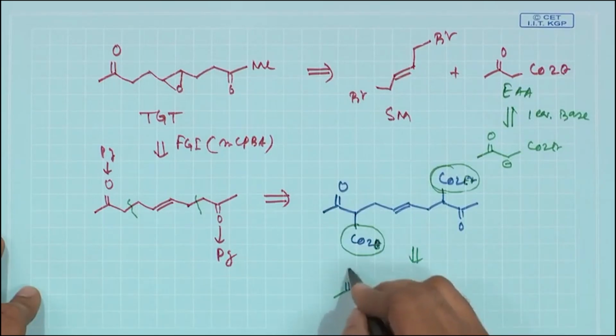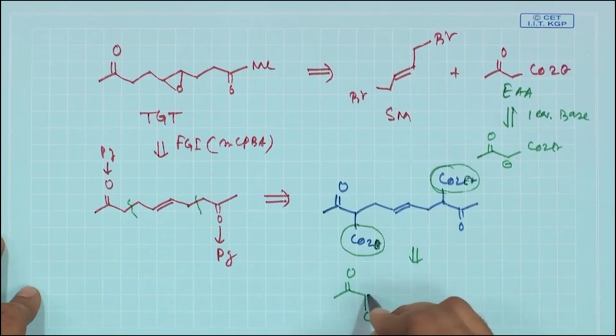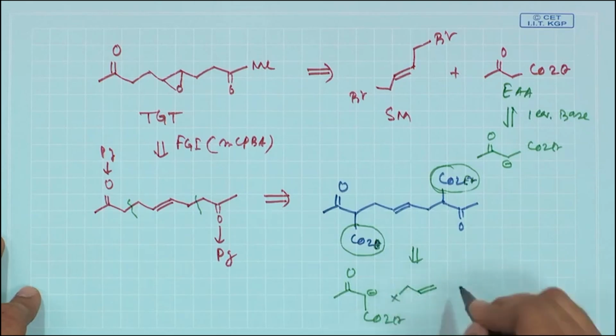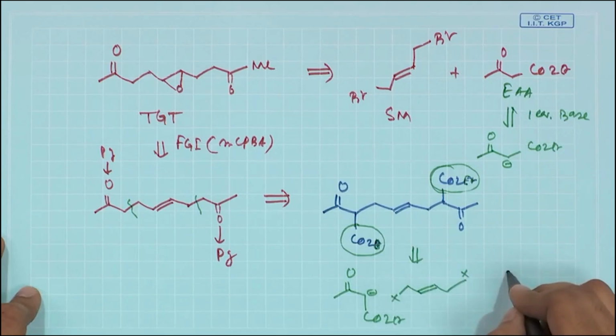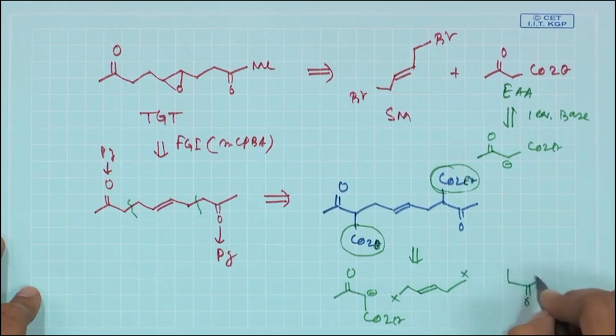So, you can basically try to get this with a minus with a double bond, CH2X with a double bond CH2X. Yes.